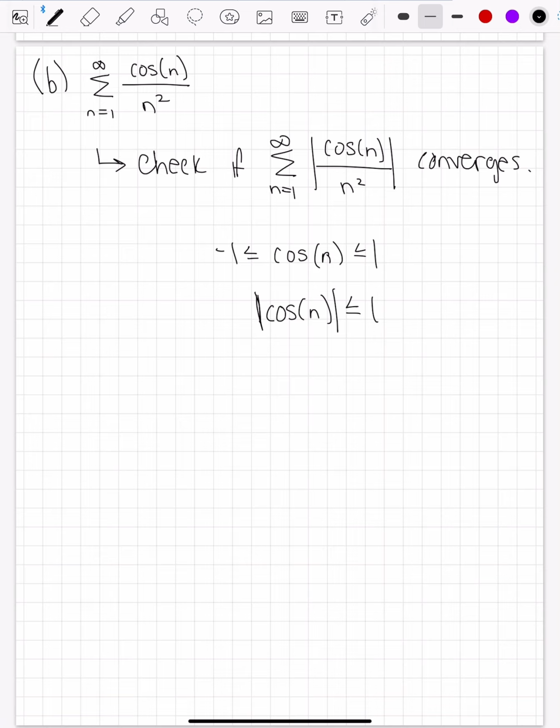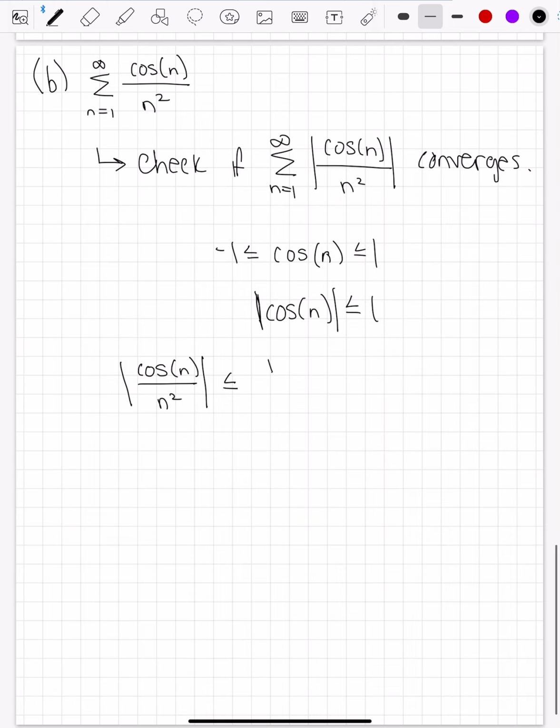So that's going to help us if we're trying to figure out what this converges to. We can use the comparison test, because now we know that the absolute value of cosine of n over n squared is always less than or equal to 1 over n squared. The absolute value doesn't matter down in the denominator because n squared is always positive.